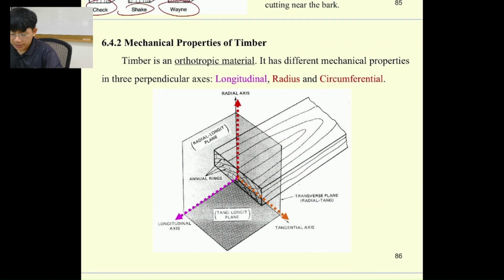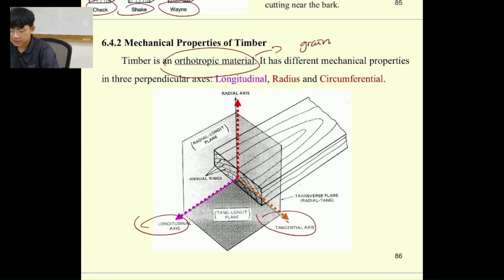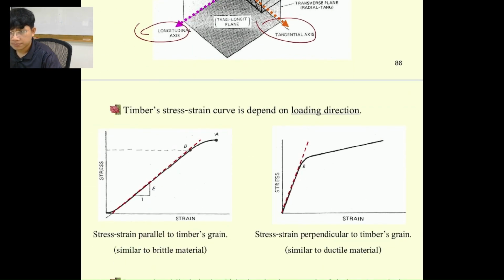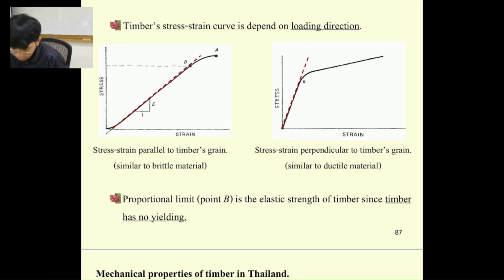And then, as you may know, timber is an orthotropic material, where the strength depends on the grain in each axis. If you test the material perpendicular to the grain, it's going to give you a different behavior. If you test it parallel to the grain, you're going to get another different behavior. For example, like this one is tested parallel to the grain.